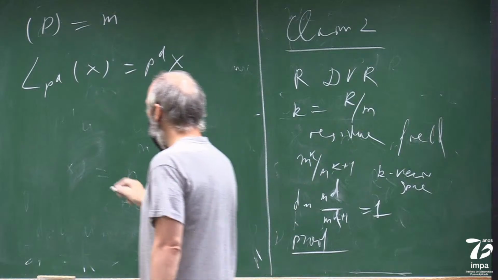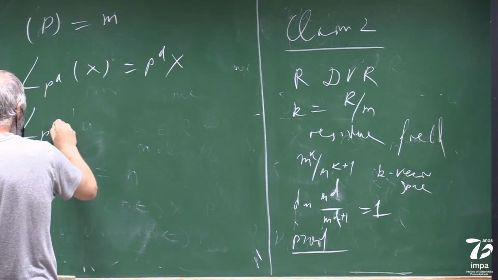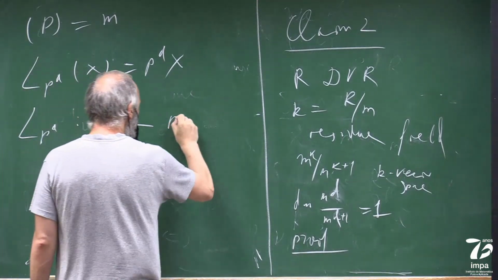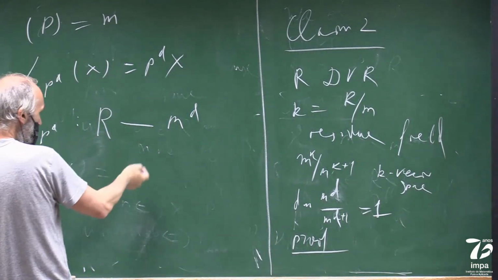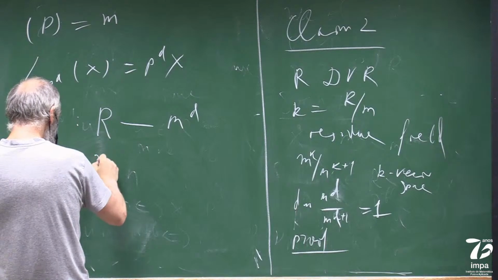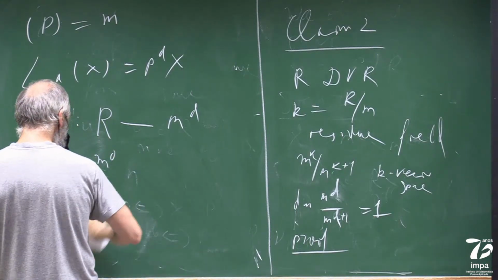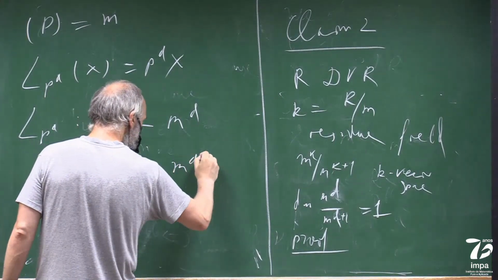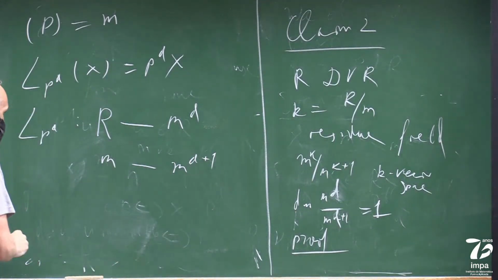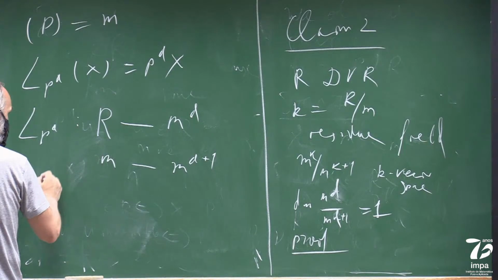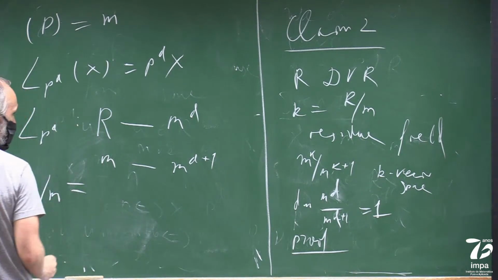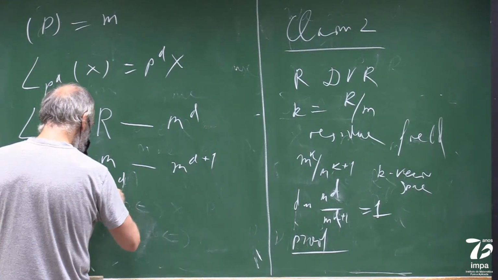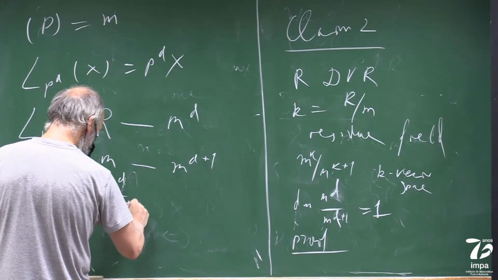And then L_{P^d} defines an isomorphism from R to M^d. And this isomorphism maps M to M^(d+1). So this implies that R quotient by M is isomorphic to M^d quotient by M^(d+1).